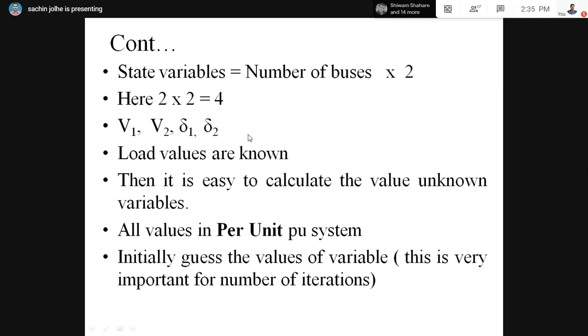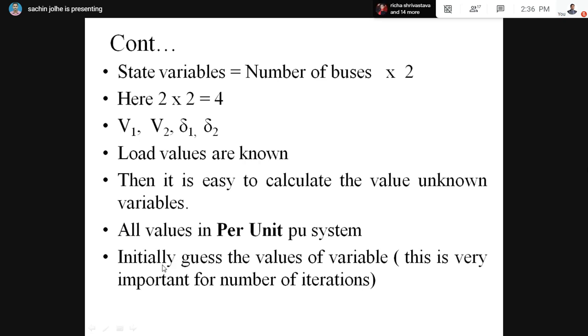And what are the parameters? V1, V2, del 1, del 2, we have to calculate. The load values are given. It is very much easy. One thing which I forgot to tell you, that all the values are in per unit system. Okay.